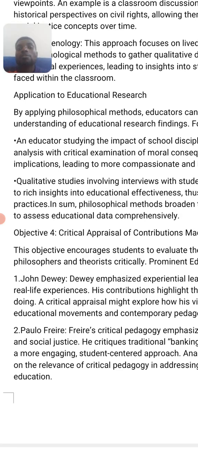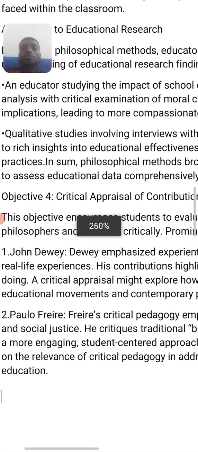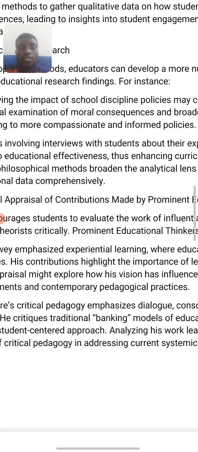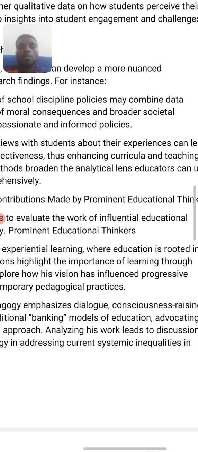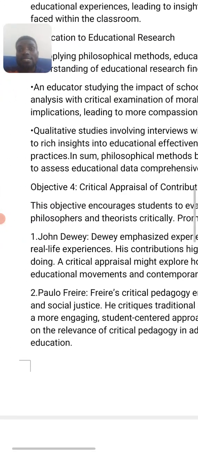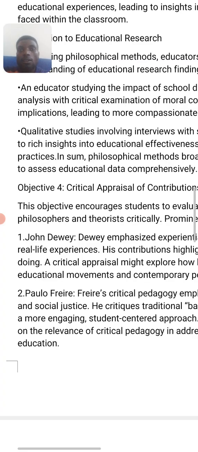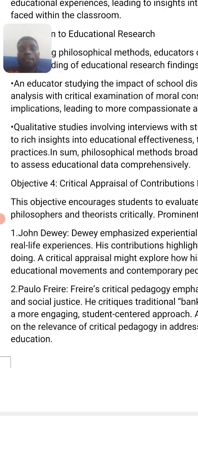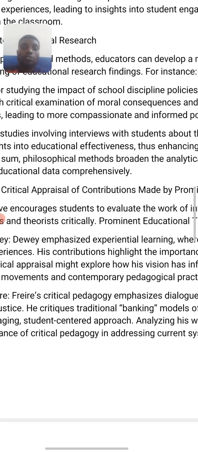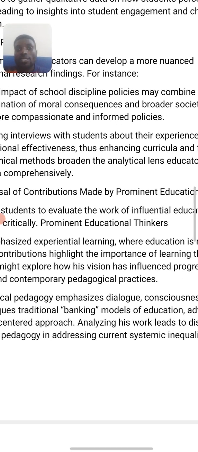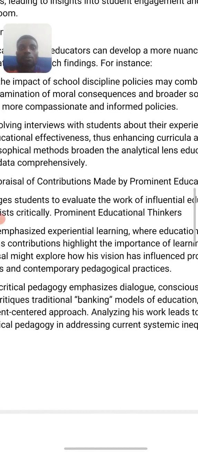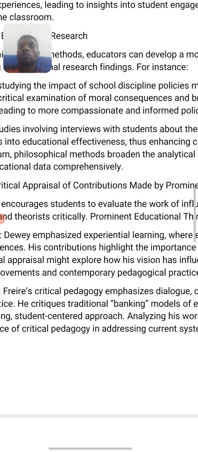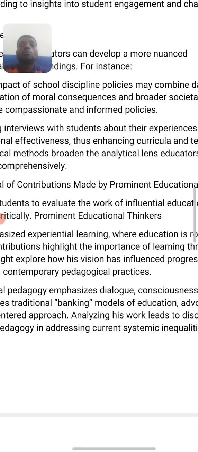For instance, an educator who studies the impact of school discipline policy may combine data analysis with critical examination of moral consequences and broader societal implications, which will lead to more compassionate and informed policy.